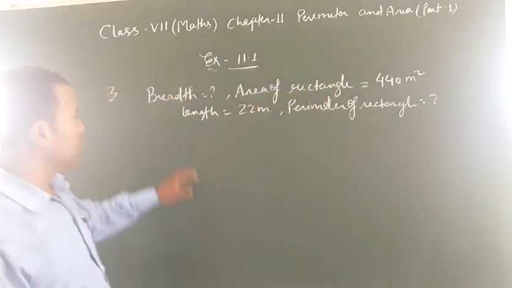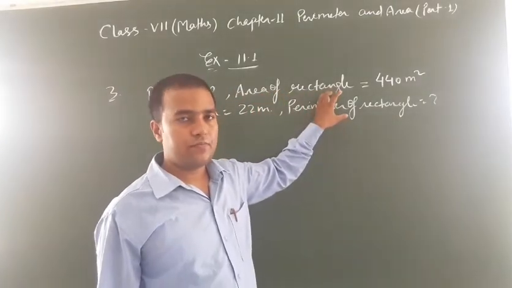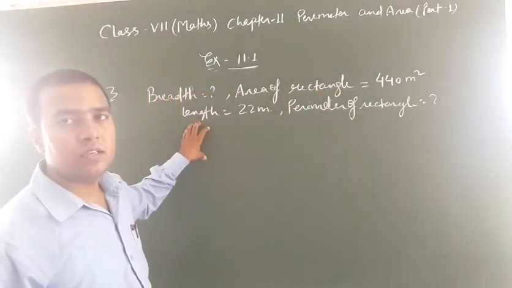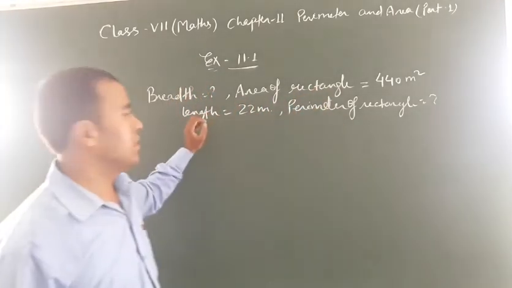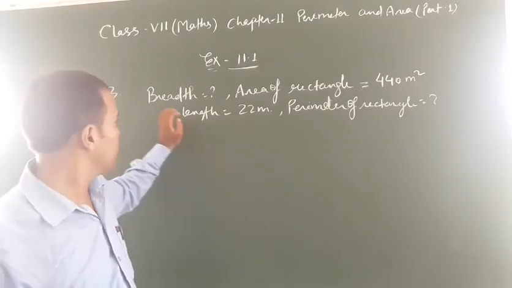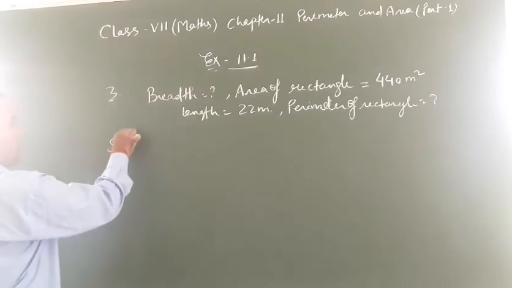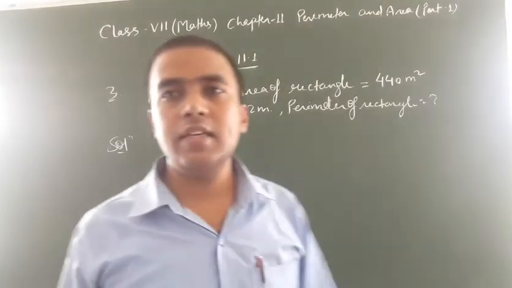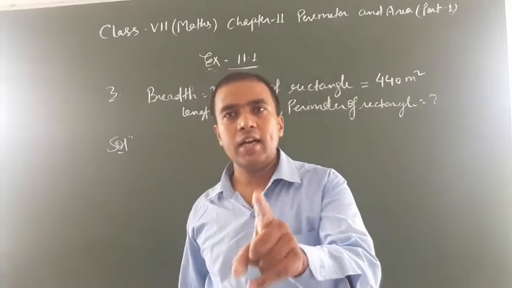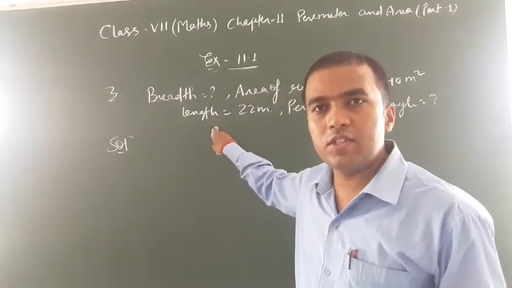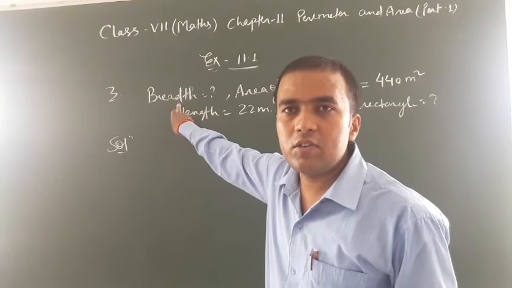In this question, breadth is asked, area of rectangle is given, length value is given, means two values are given: area and length. Two values are asked: breadth and perimeter. Very simple question. I told you the formula: area of rectangle equal to L into B. When area and length are given and breadth is asked, which formula will you take?